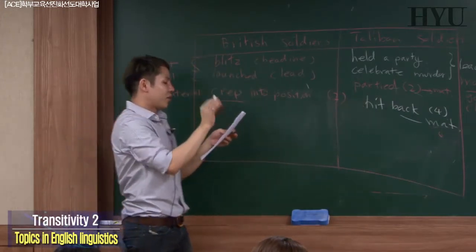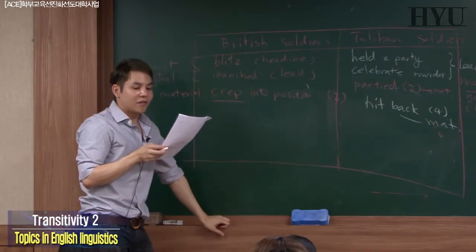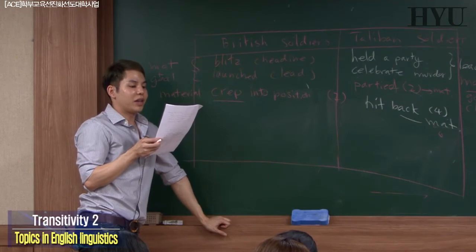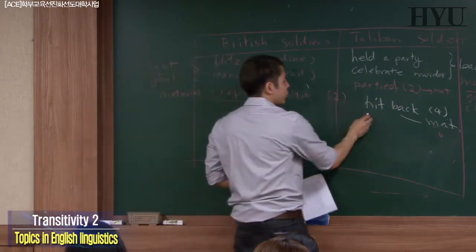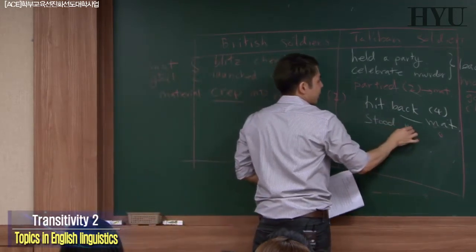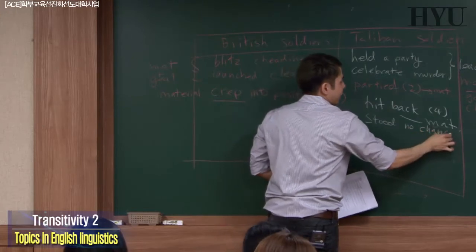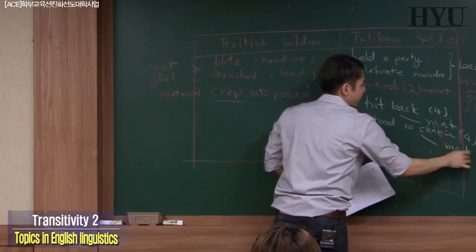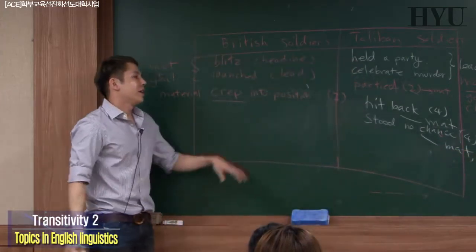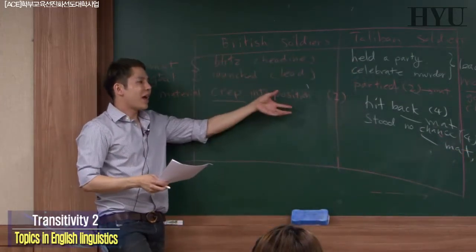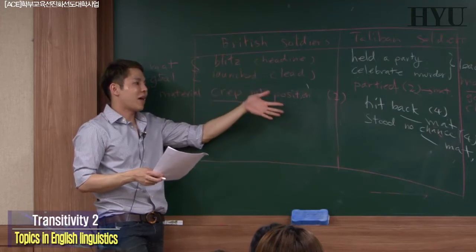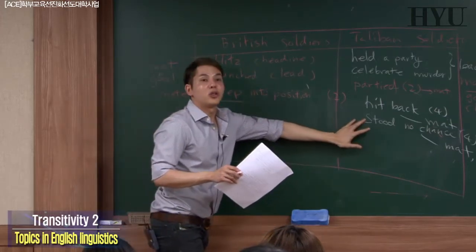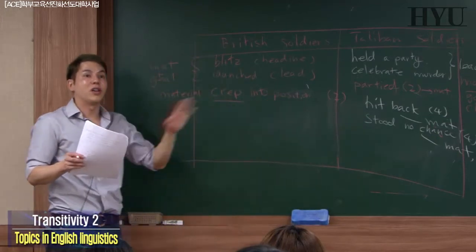But the main verb is hit back with machine gun fire, but stood no chance against the heroes of 40 Commando's Charlie Company. So stood no chance, material process again. The attempt to hit back is negated by stood no chance, which means there's absolutely no chance, right?